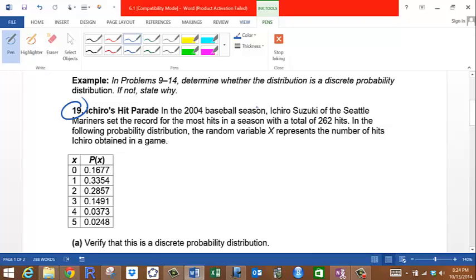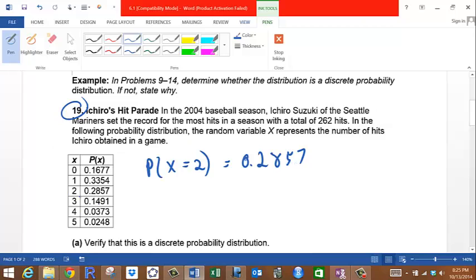In the 2004 baseball season, Ichiro Suzuki of the Seattle Mariners set the record for the most hits in a season with a total of 262 hits. In the following probability distribution, the random variable x represents the number of hits Ichiro obtained in a game. So again, we can say the probability that the number of hits x is equal to 2 in a particular game is 0.2857. And so on and so forth.